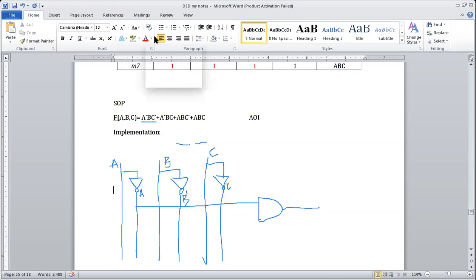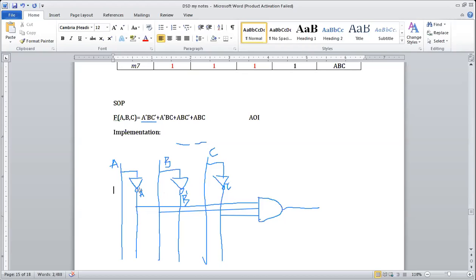Then B, from B I'll take a connection. And C bar.